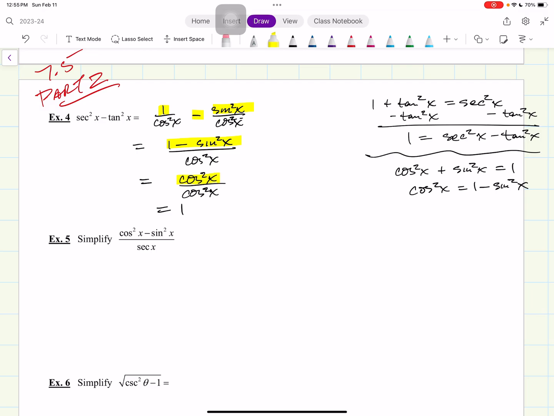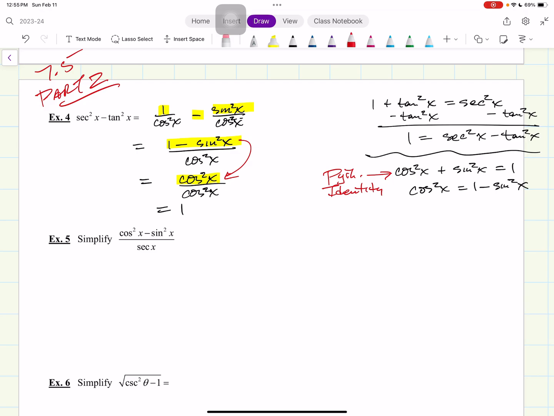So again, rewrite in terms of sine and cosine, then combine the numerators. Use your Pythagorean identity, as you guys already know from my previous lesson, and then you apply it. If you know your identities, we could have got 1 immediately.